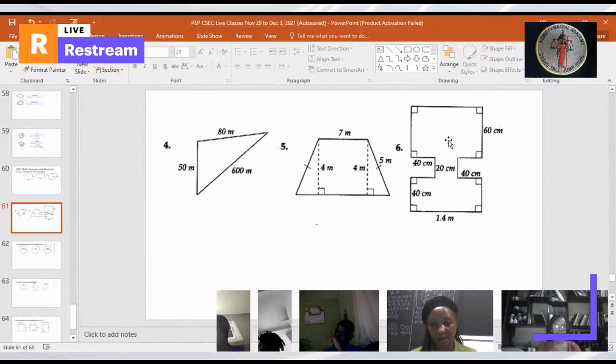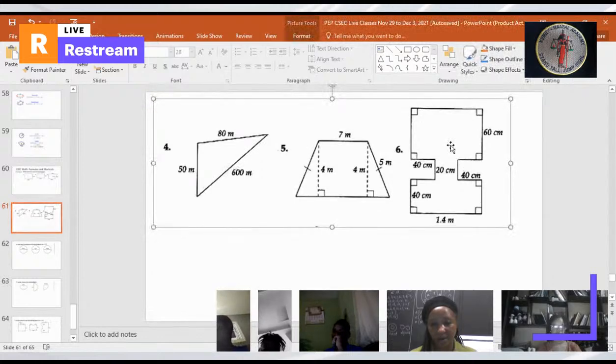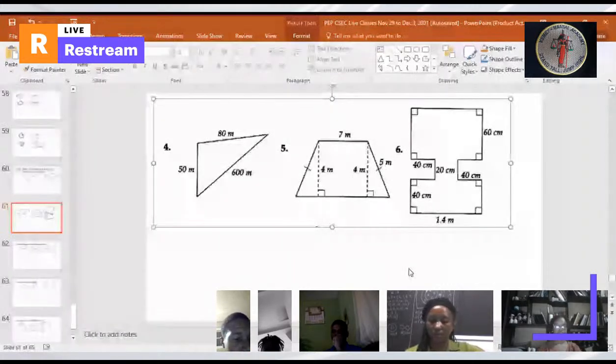All right. How about that shape here? Number 6. What's the perimeter? 500. Oh, okay. It's 140.